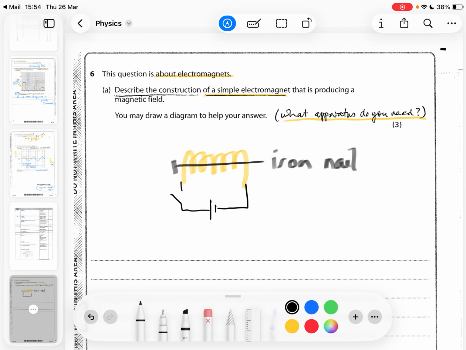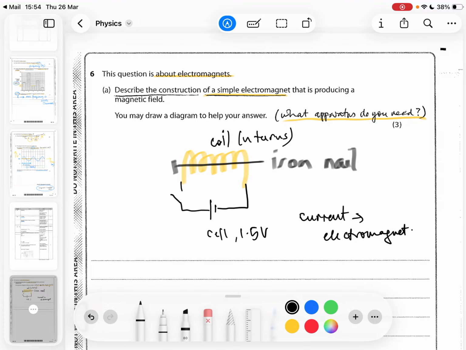You shouldn't just leave a diagram like that, but you can see you've got a cell, you've got a coil with n turns, and the more turns you have, the stronger the effect. And then you have the current that makes an electromagnet. Now this could be a 1.5 volt cell which creates the current which produces a magnetic field.